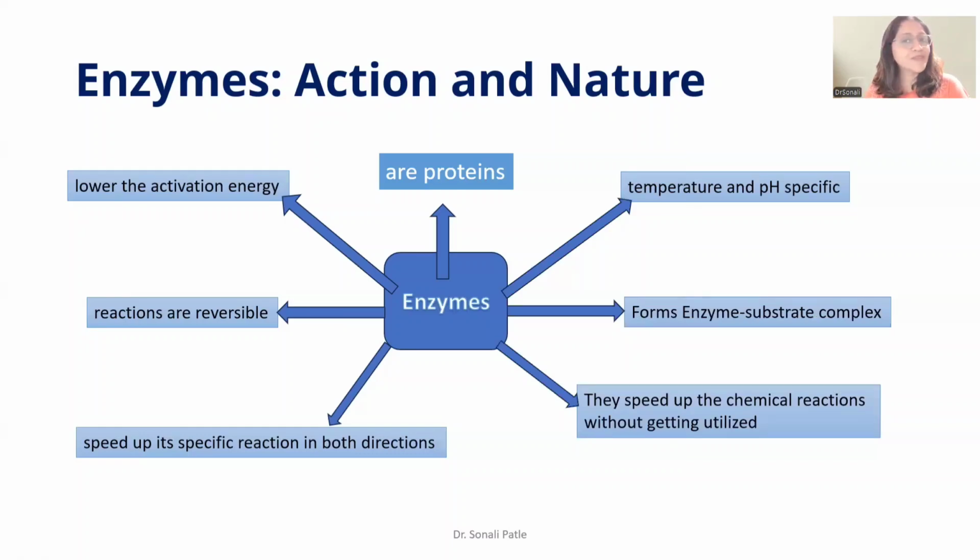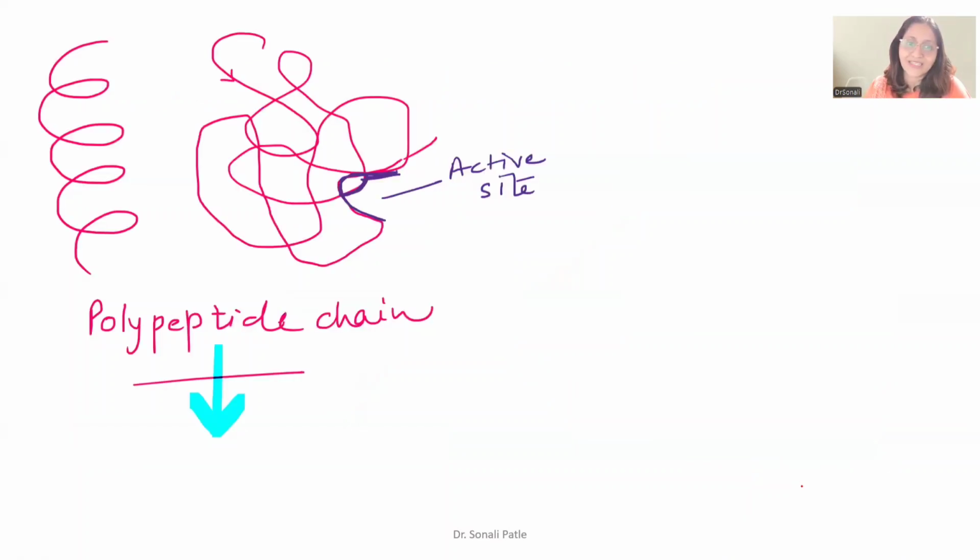They speed up chemical reactions without getting utilized, which means you can reuse those enzymes for carrying out a new chemical reaction. They will be free to combine with a new substrate again to get converted into the product. In the process, the enzymes are not utilized.